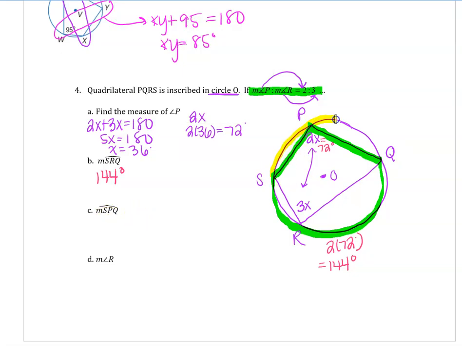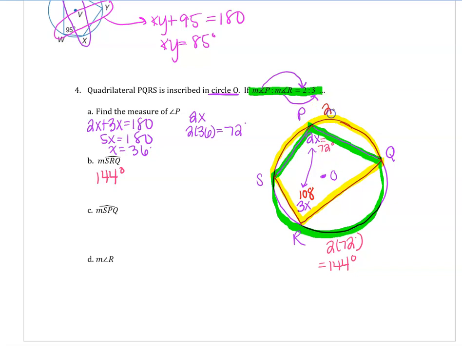For SPQ, again, I'm going to take the endpoints of this and trace it back, and there you see your inscribed angle of 3x. There are actually a couple of ways of doing this problem, but I'll do it this way first. If I know that x is 36, then 3 times 36 is 108.